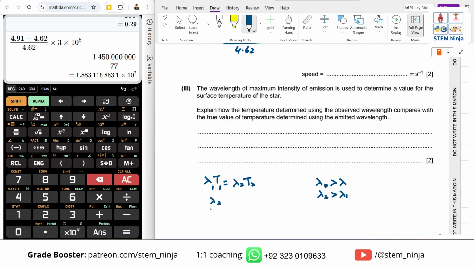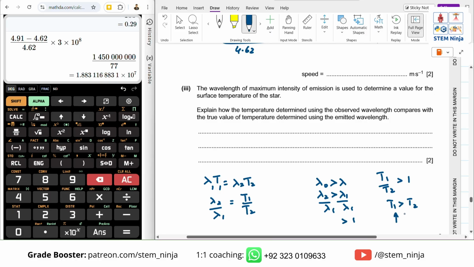So lambda 2 over lambda 1, which is T1 over T2, is greater than 1, which means T1 is greater than T2. So the original temperature is higher.